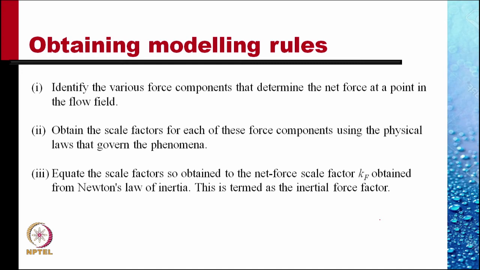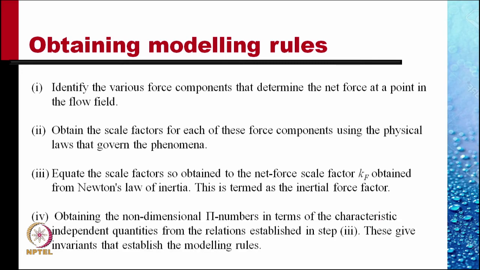This last is termed as the inertial force factor. And then obtain the non-dimensional pi numbers in terms of the characteristic independent quantities from the relations established in the step above. These give invariants, the pi numbers that establish the modeling rules.